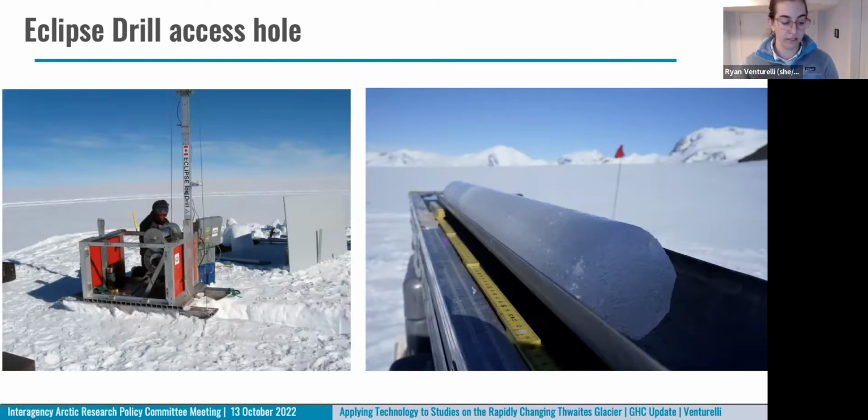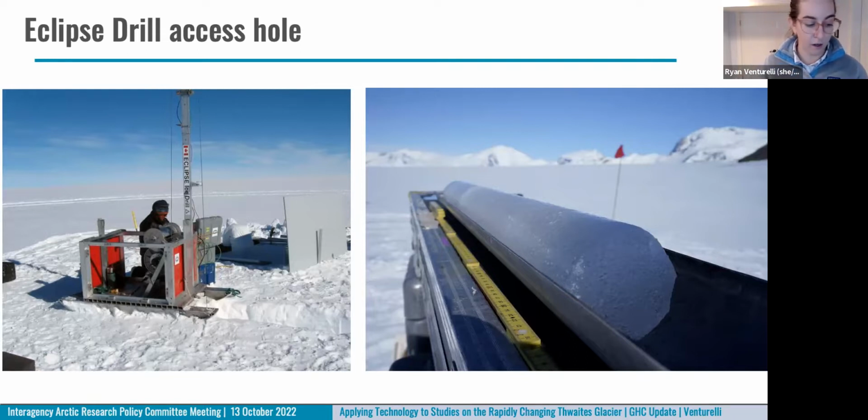The Eclipse drill is a standalone system and can be operated simultaneously with the Winky drill, which I'll tell you about next. And it enables us to take firn density measurements that can be made with recovered cores. And this is really important for the application of cosmogenic nuclides because it allows us to constrain shielding with ice cover and changing ice through time.